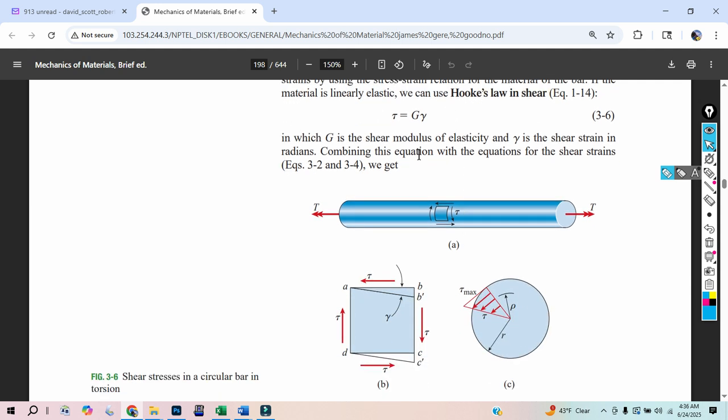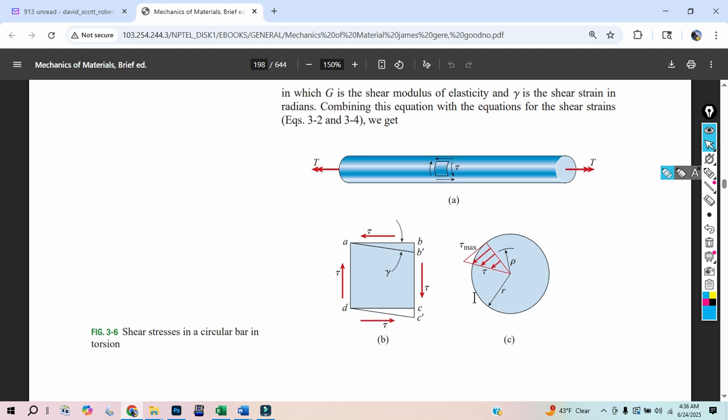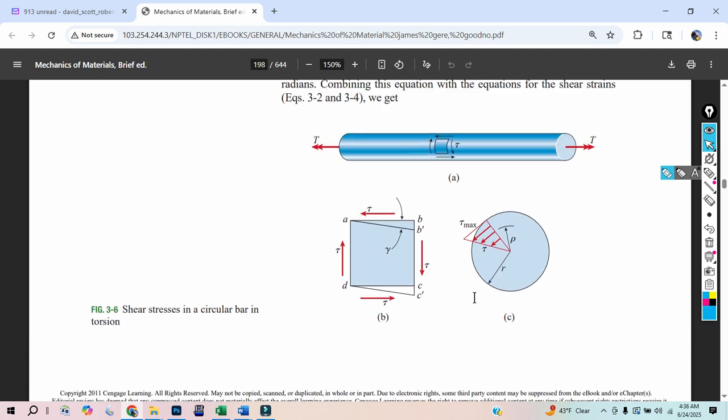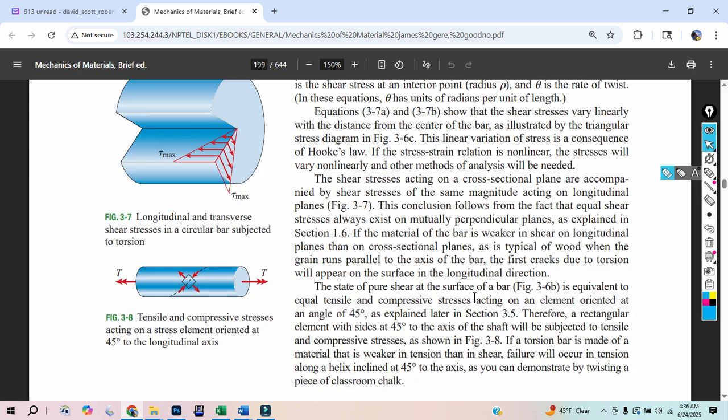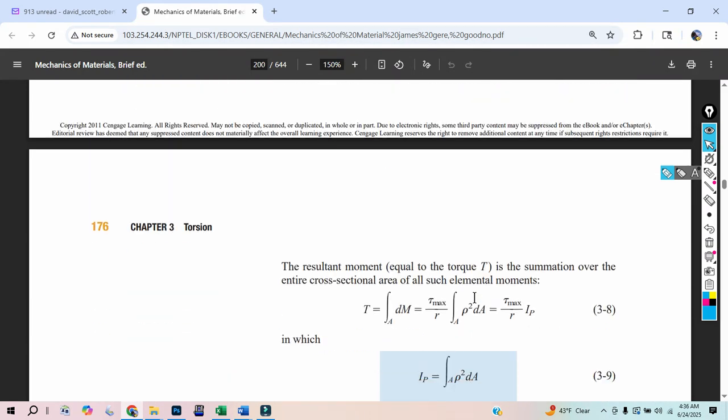And obviously we want to know the max, because with torsion, what we're going to see is that there's 0 in the center and it's max out to the end. So the end is the limiting factor, and that's going to be used in the equations. All right. It requires calculus, and it's kind of fun, but that's going to be for tomorrow.